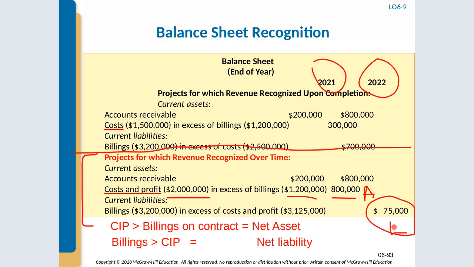Therefore, this is our obligation now to perform this work. The other, where the CIP is greater than billings, is a net asset because we performed more work than we have billed our customer. Therefore, they still owe us, and so it's reported as a net asset.